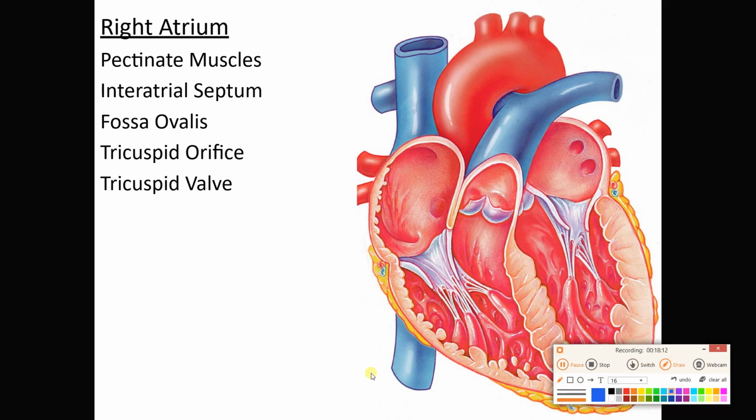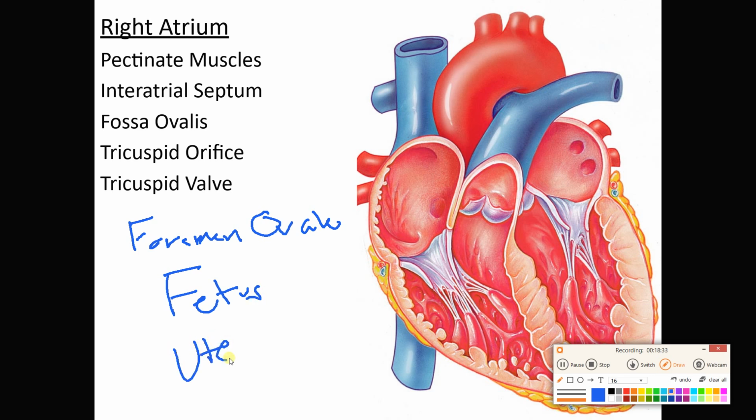So let's talk about why you have a foramen ovale when you were a fetus. All right, when you were a fetus, where were you? So when you're a fetus, of course, you are chilling in mom's uterus.